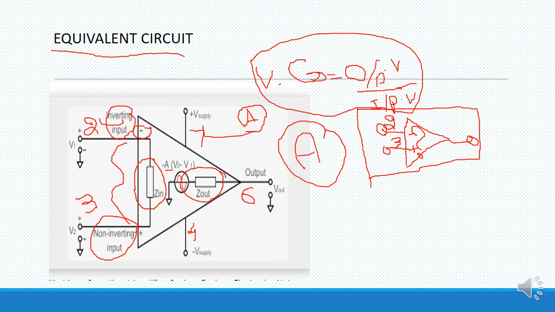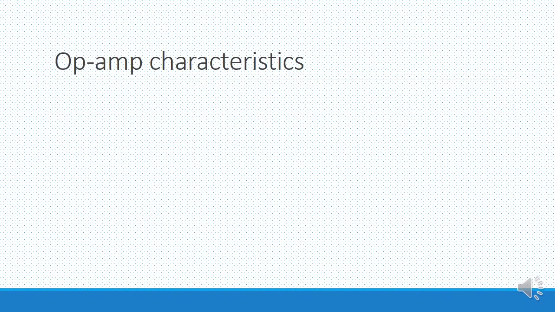Now let us move to study the op-amp characteristics. What do you mean by characteristics? Characteristic is nothing but defining something. For example, if somebody asks, how is your ma'am?